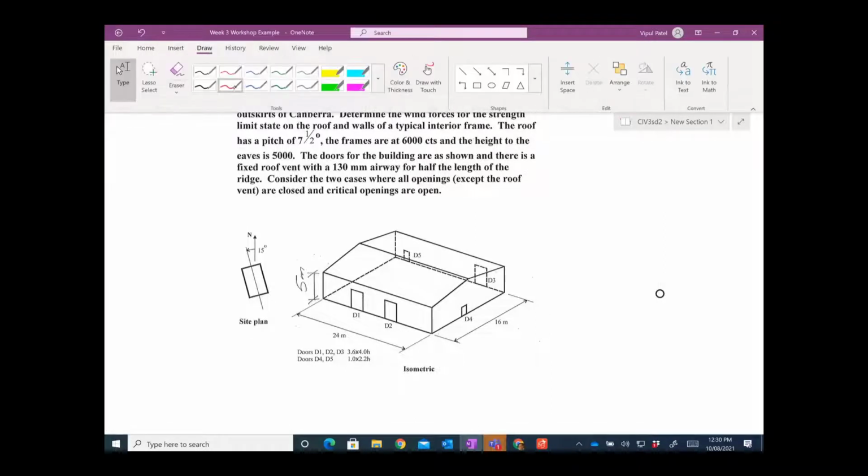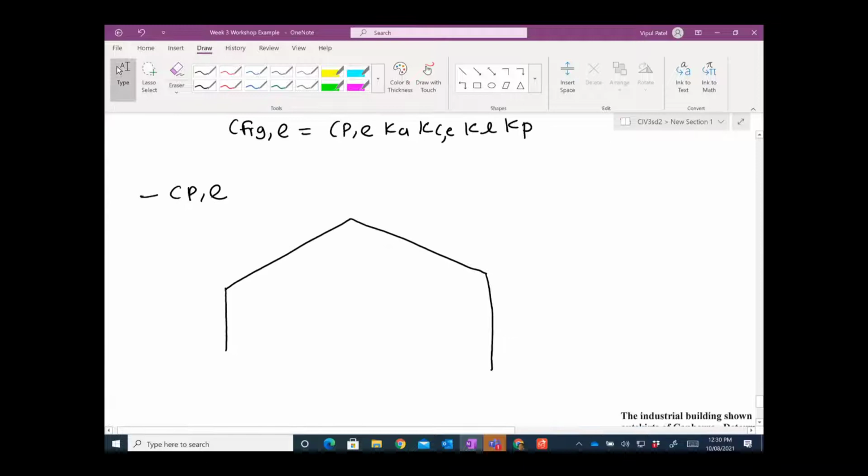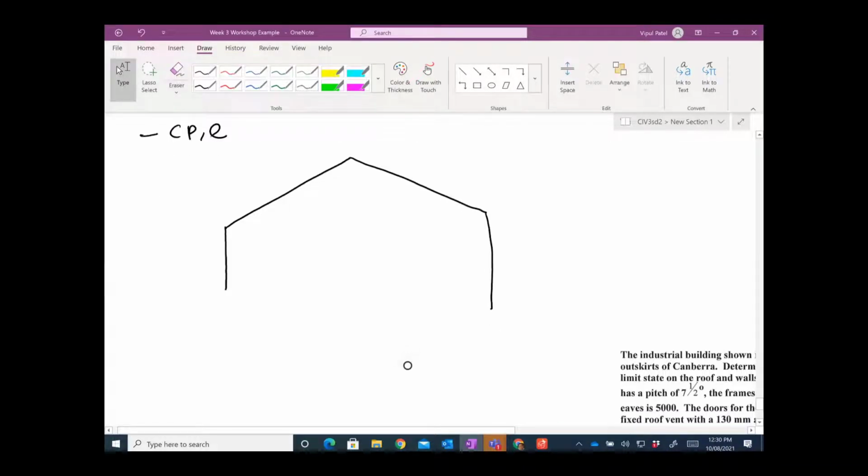Okay, forget all the directions, but wind is coming from here. So this is my windward wall. This red one I draw up here. All right, so that's good. This is my windward wall. This is the leeward wall.